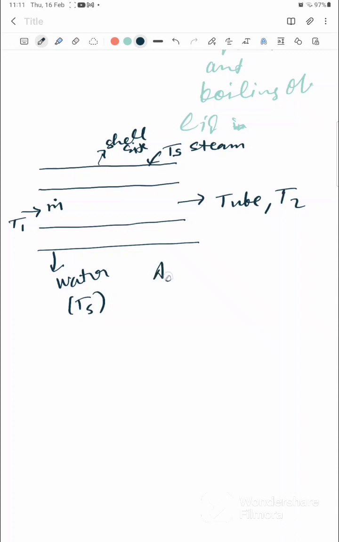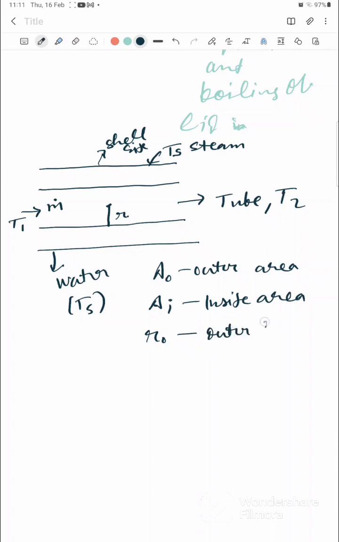So A naught outer area, this is our outer area, this is inside area, R naught outer radius, Ri inner radius, Ri R naught.